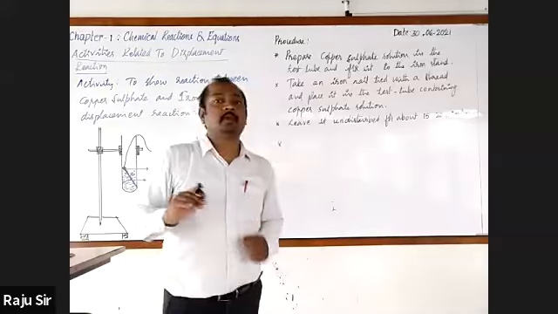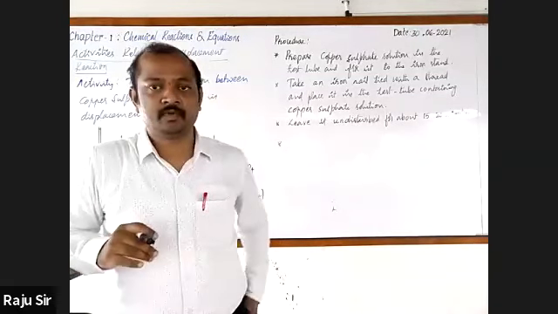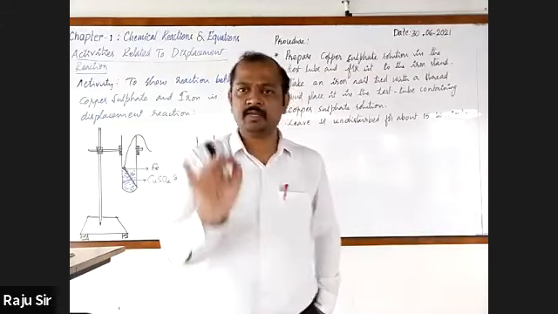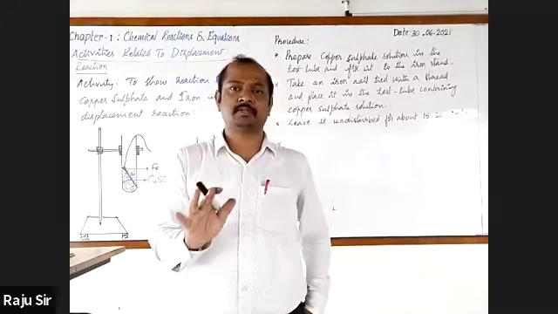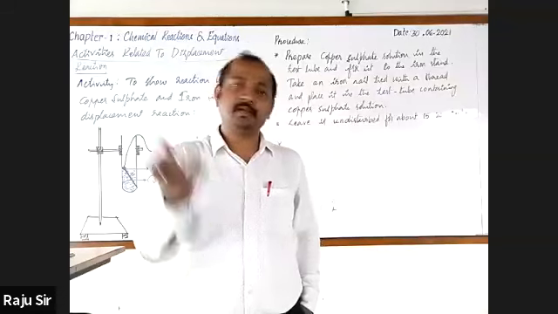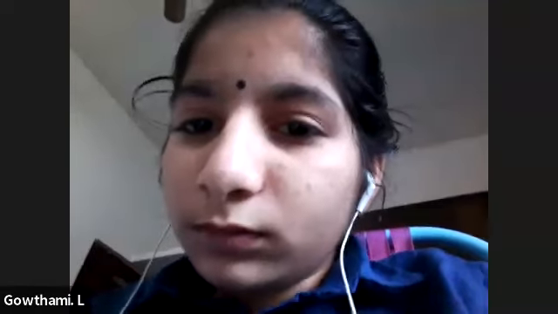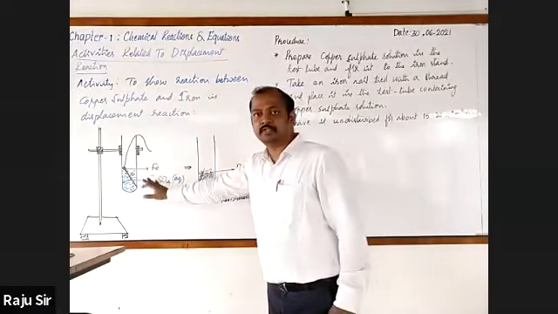Now we are going to write the observation. Varsha MS, what will be our observation? What is our first observation? Nothing to worry, you just tell. It is observed that the color of the solution changes from sky blue to pale green color.